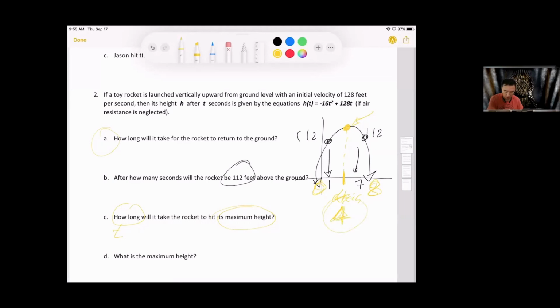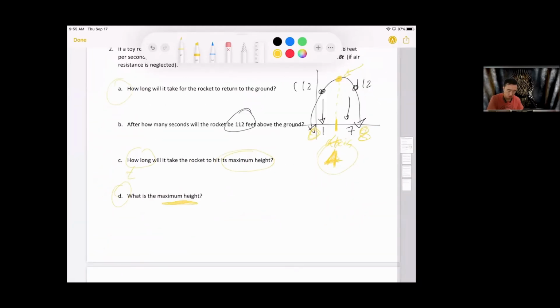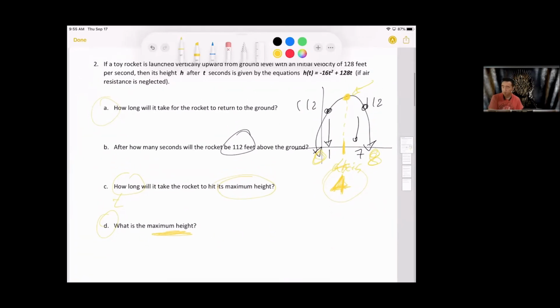Now, all you have to do to find the height is take that 4 and do what? Question D, what is the maximum height? So what are you going to do with that 4? Plug it in. Very good. So height equals negative 16 times 4 squared plus 128 times 4. That's nasty. So negative 16 times 16.